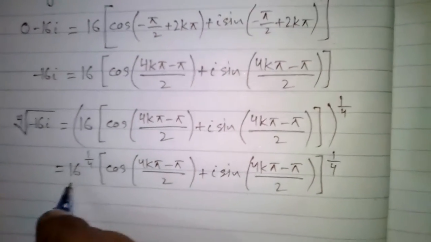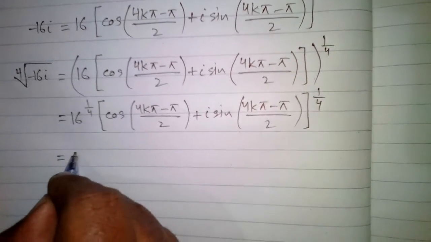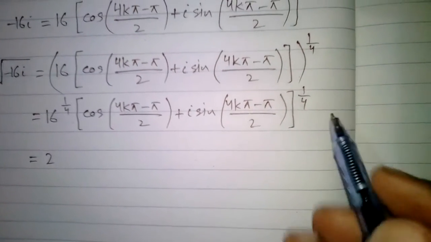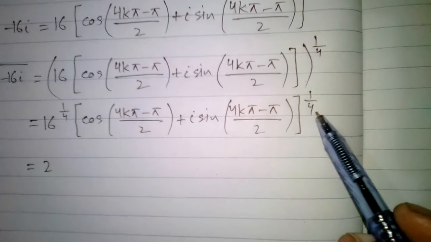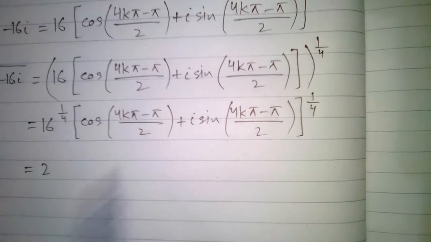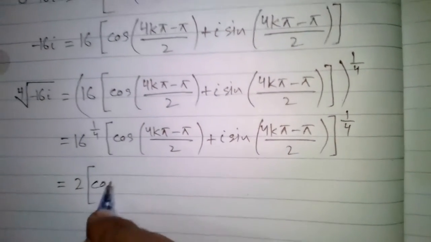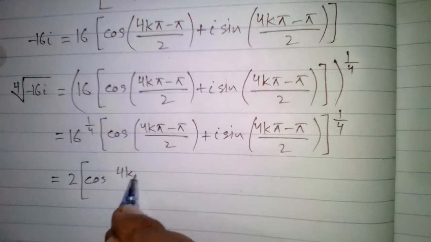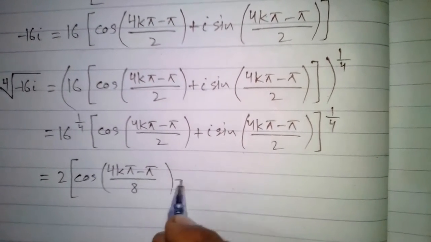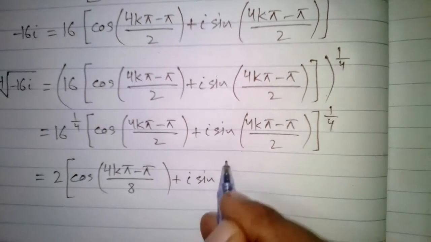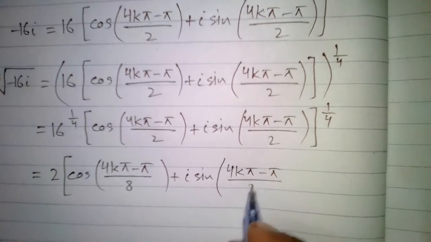Now 16 raised to the power 1 upon 4 is equal to 2, and here we will apply De Moivre's theorem. So this power will be multiplied by this angle. So we have cosine of 4k pi minus pi by 8 plus iota sine of 4k pi minus pi by 8.